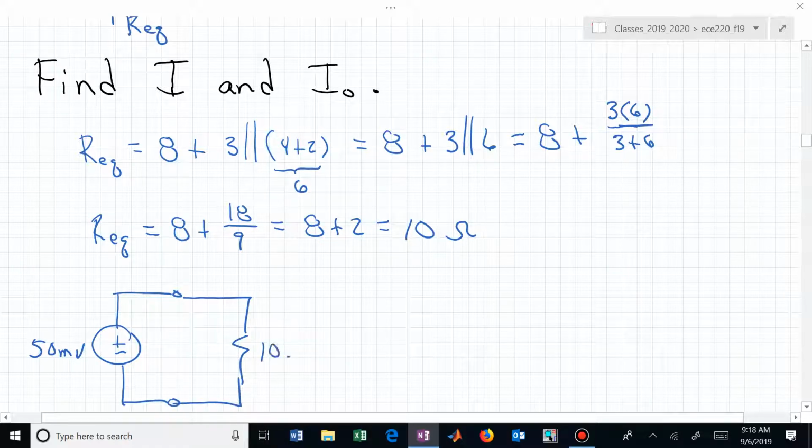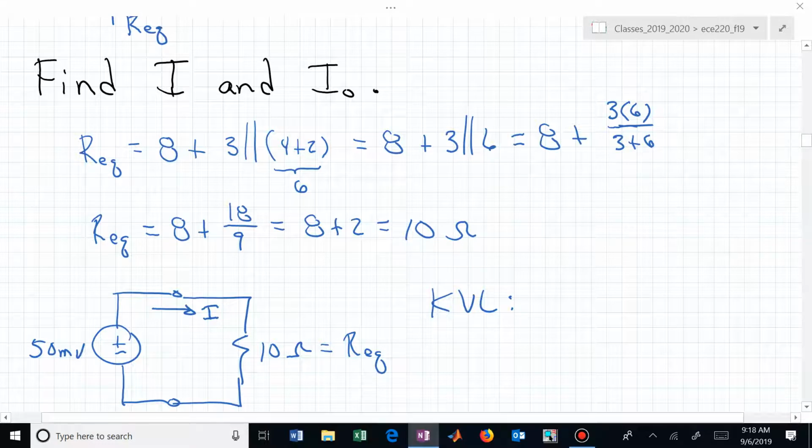I've now boiled it down to that picture. This is now our R equivalent. And if you wanted, you could now write a KVL or Ohm's law, however you want to do this. KVL says minus 50 millivolts plus 10I is equal to 0.